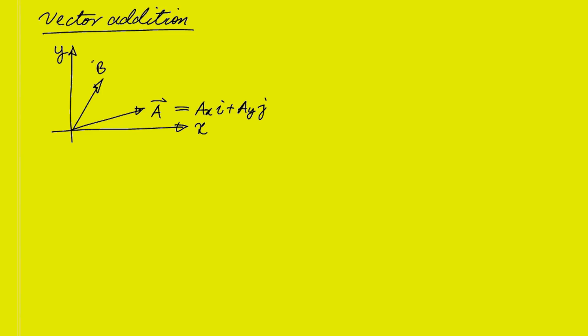Let's use a two-dimensional space to illustrate this. The first vector, vector A, we can describe by its components. And the second vector, vector B, we can also represent by components like this.